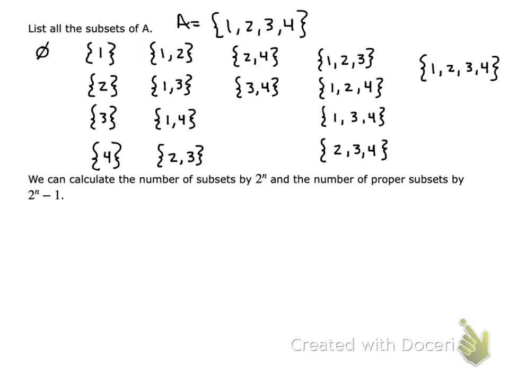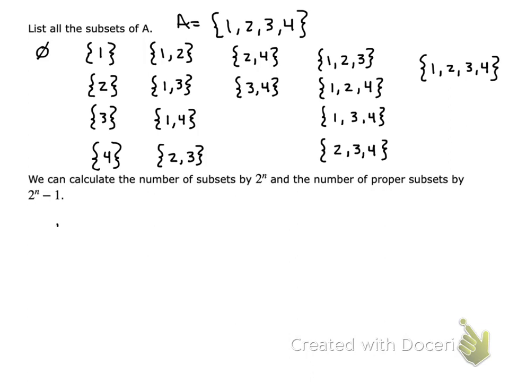Okay, how many subsets possible there? 16. 16 total subsets from set A. Now, no one wants to write all these out every time. So we have a system for figuring out how many subsets we have. What we do is we raise the number 2 to the power of the number of elements that we have.